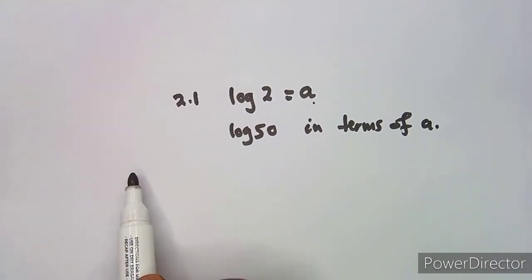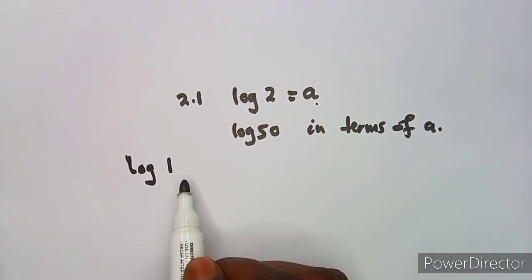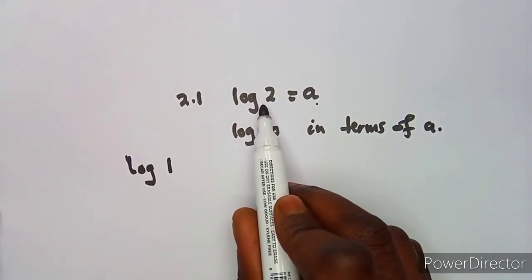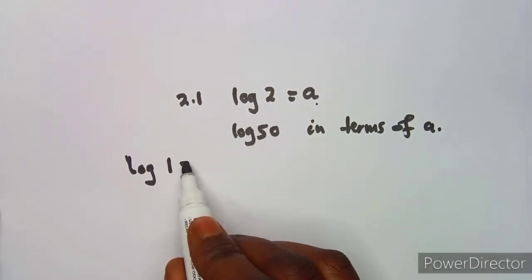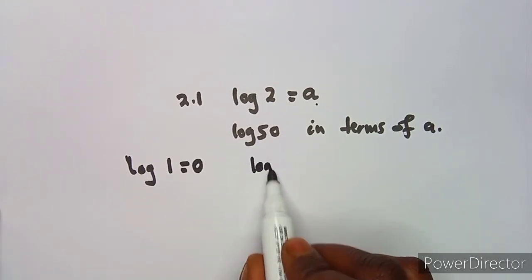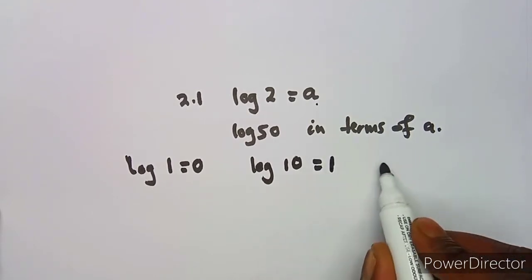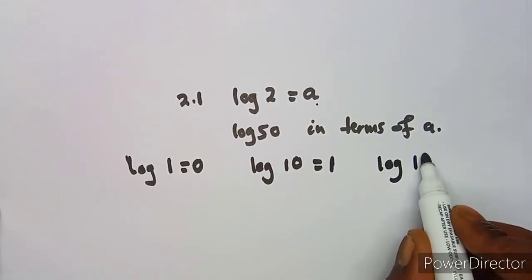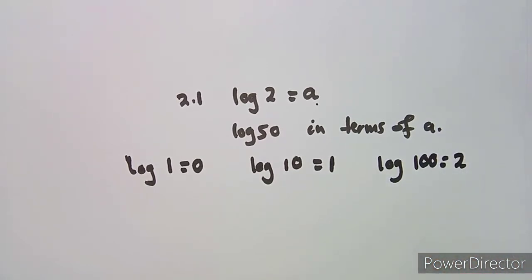You are supposed to know the logarithm of 1 in base 10, because if the base is not indicated, it means you're in base 10. The logarithm of 1 is equivalent to 0. The logarithm of 10 is equivalent to 1. The logarithm of 100 is equivalent to 2. Because you are in base 10, you are supposed to know these logarithms.